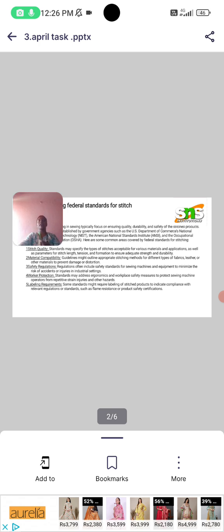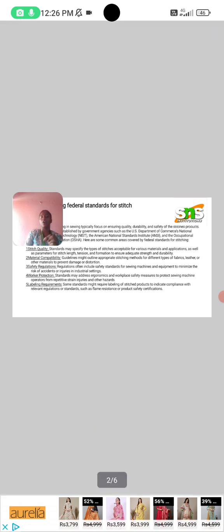What do stitch and stitch classification mean? Basic stitch, functional stitch, decorative stitch, specialized stitch are the classifications. Stitching is the process of joining fabrics or other materials together using needle and thread or specialized sewing machinery.